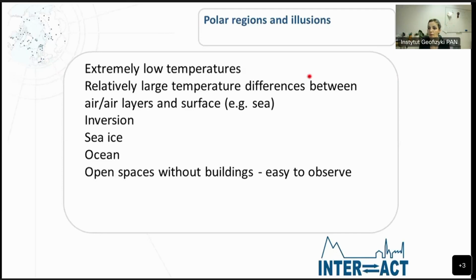When the warm winds blow from the equator, so the warm air is transported from the equator in general towards the poles, the upper layers of the atmosphere are heated and the low layers are cooled by ocean water masses, sea ice and snow. So this is why these areas are very likely to have inversion, like I mentioned before.